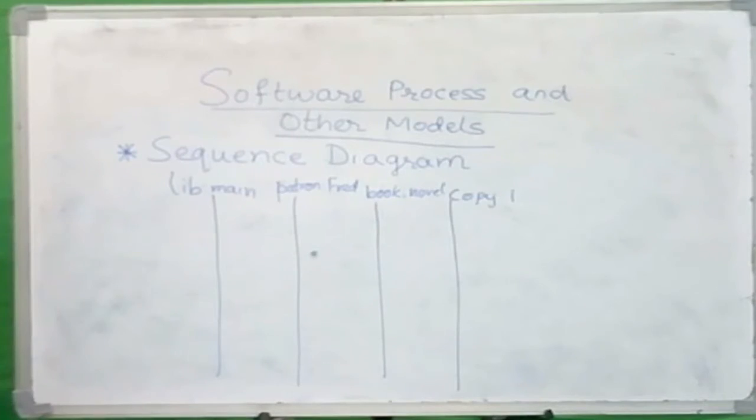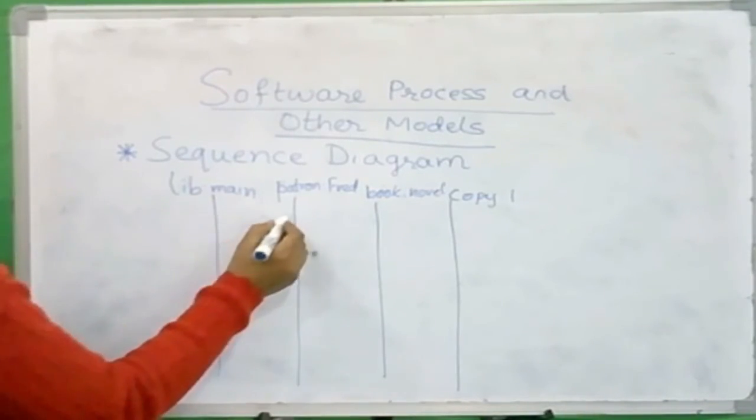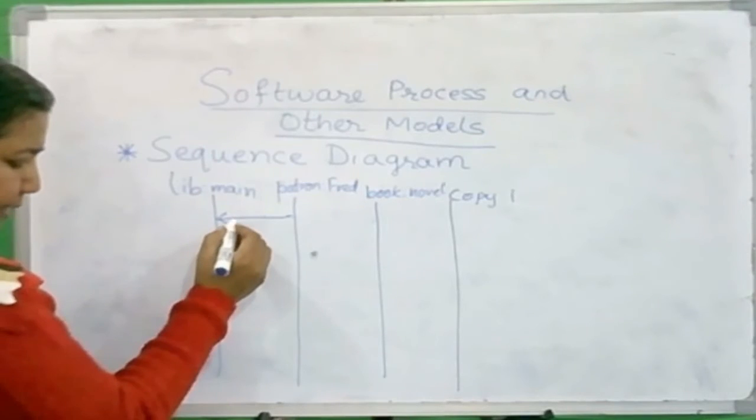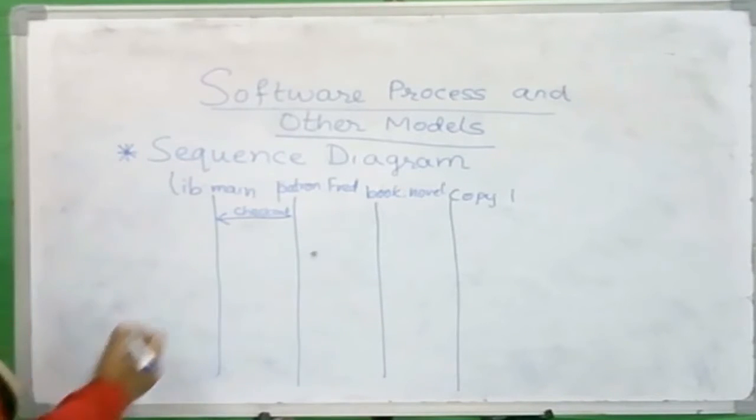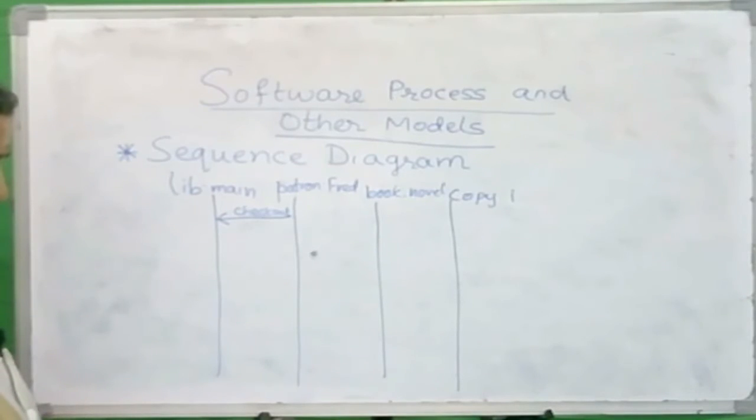Okay, so suppose there is a checkout, so it will be labeled as checkout. So horizontal arrows depict function calls. The tail of the arrows is on the line of the calling class and the head of the arrow is on the line of the called class. The name of the function is on the arrow.